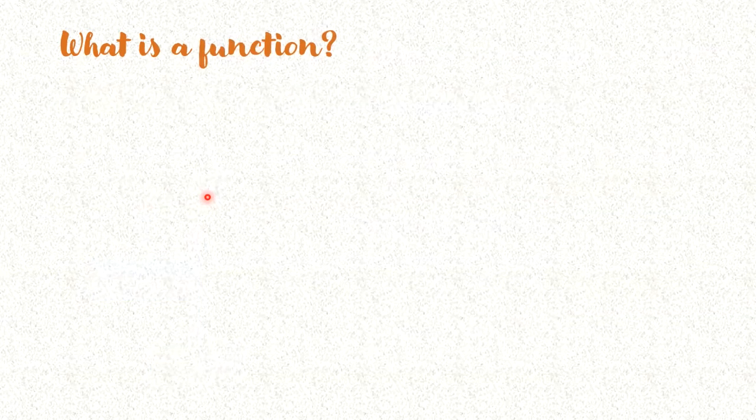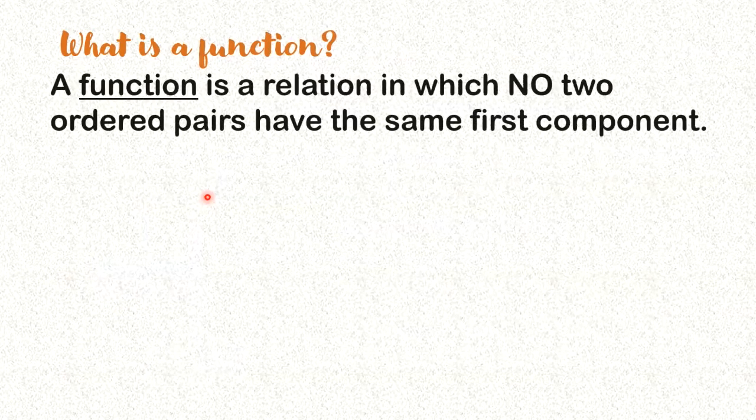And then, what is a function? A function is a relation in which no two ordered pairs have the same first component. So yun lang yung special restriction sa function. It is a set of ordered pairs, pero you have to be careful with the first component.